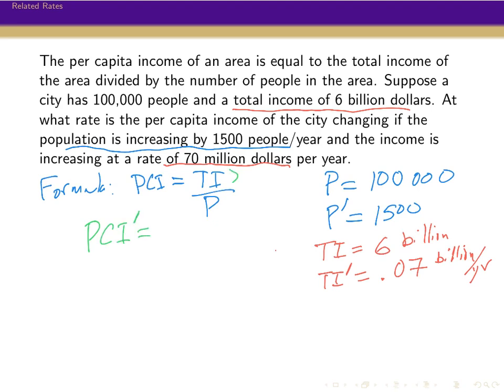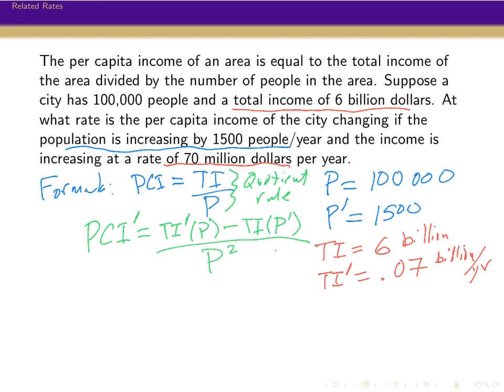On the right-hand side, this is a quotient, so we have to use the quotient rule. The quotient rule is the derivative of the top, TI prime, times the bottom, minus the top times the derivative of the bottom, divided by the bottom squared.